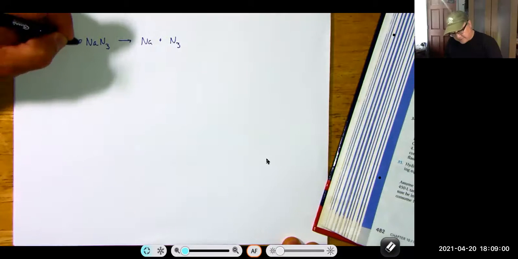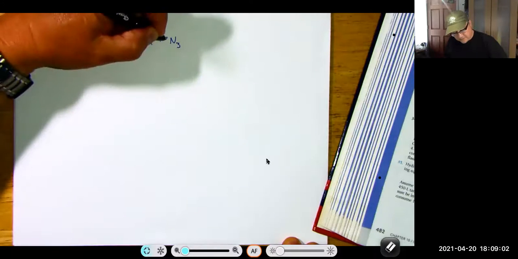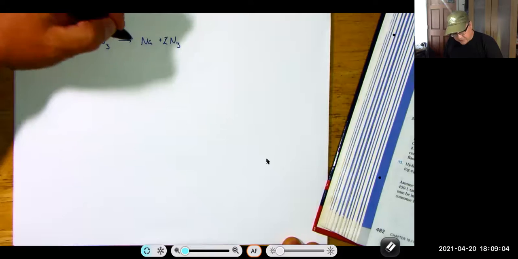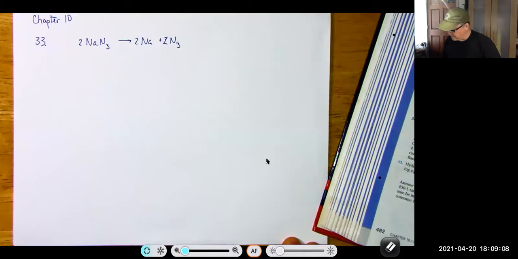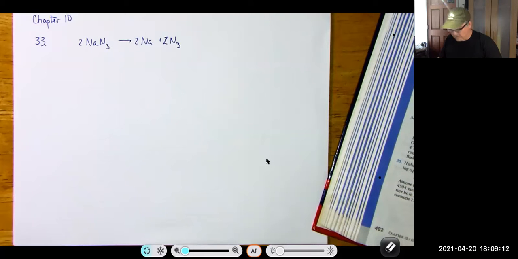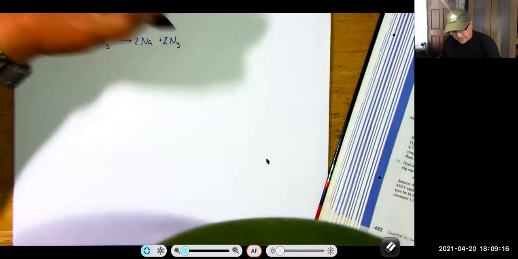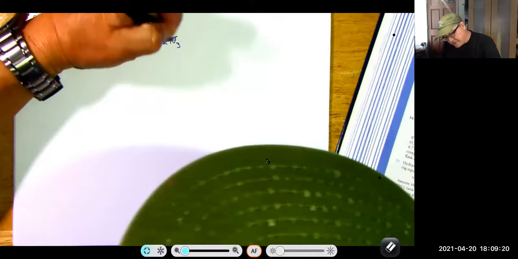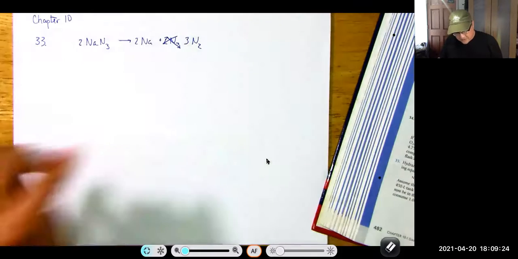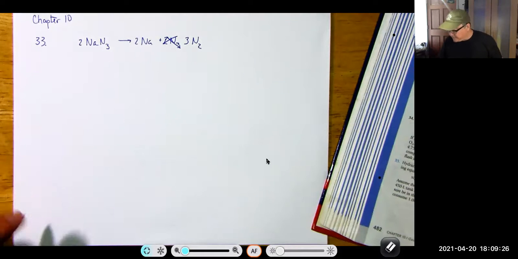There's a 2 here, 2 here, and a 2 here. No, wait, that's not right. Oh, it's not right because I can't write the formula for nitrogen to save my life, apparently. And 2, 3. Okay. So there's the reaction.